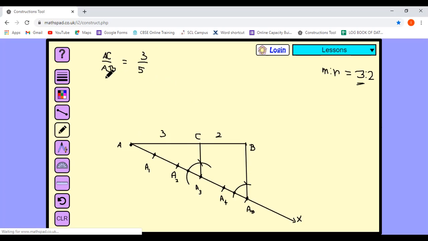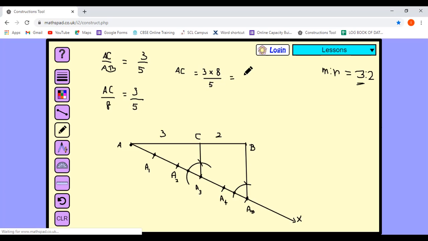Now we know that AB is 8 centimeter. So let us substitute that. AC divided by 8 is equal to 3 divided by 5. So when we cross multiply this, we will get AC is equal to 3 into 8 divided by 5.